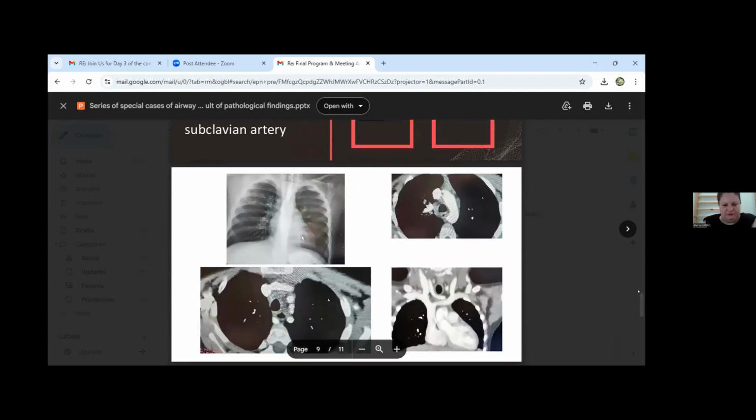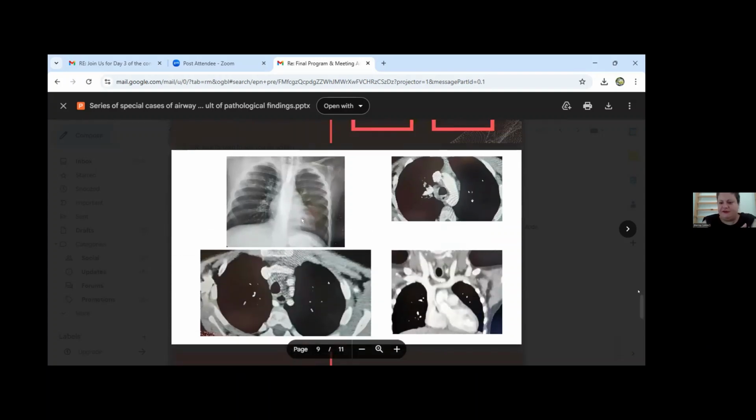Here is another important imaging finding, with esophagogram also.